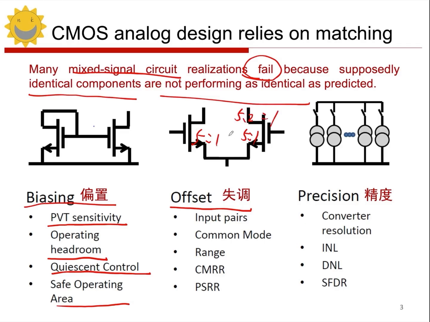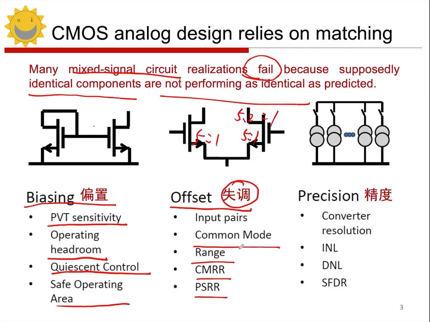This means these two transistors are inherently different. As a result, this leads to an offset. This offset can lead to a decrease in our common mode rejection ratio, right? The decline in the common mode rejection ratio can also affect the operating range, and it might even impact our power supply. So it introduces an offset characteristic to our differential pair.